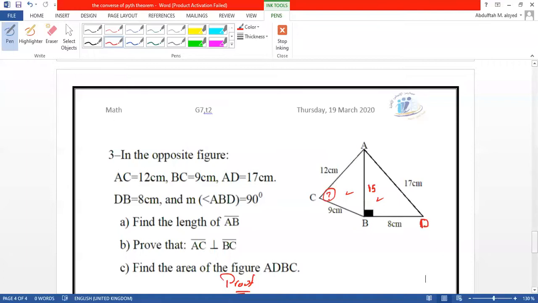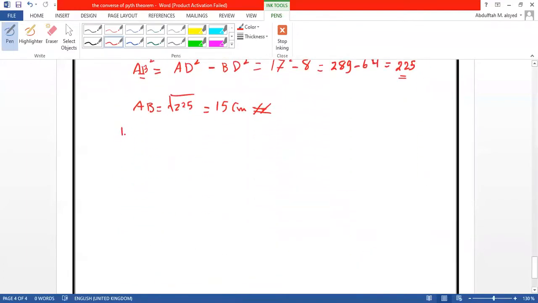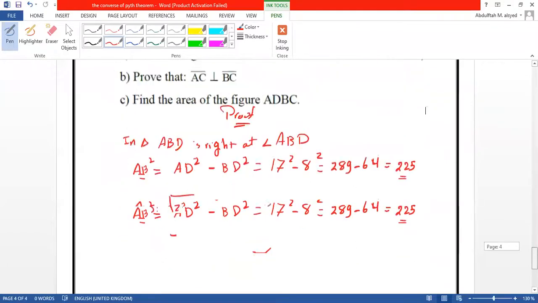So in the triangle ABC, we will work in this triangle. So AC equals 12, BC equals 9, AB equals 15. So AC squared plus BC squared.